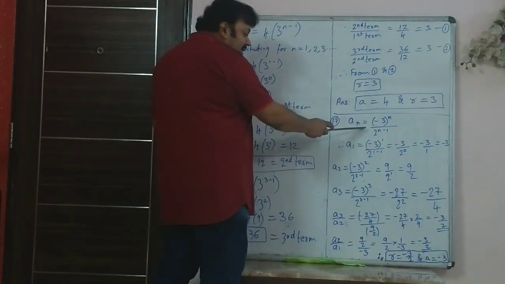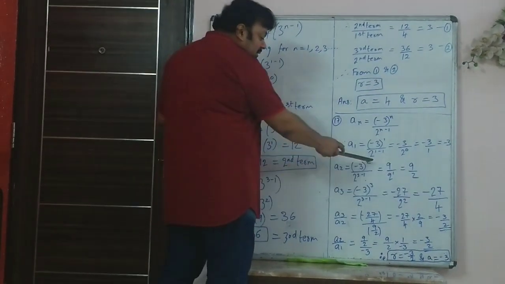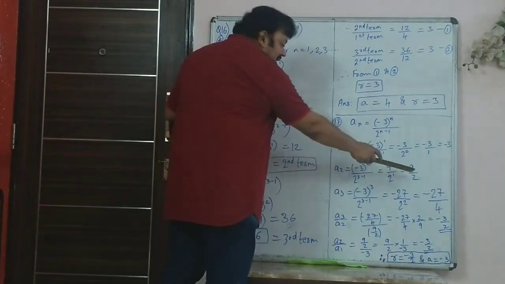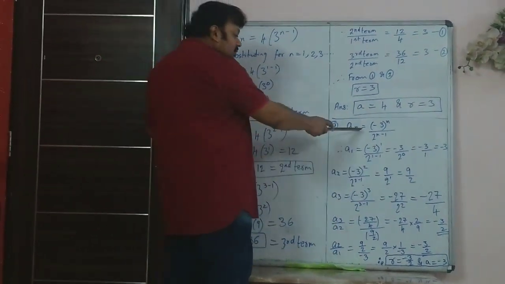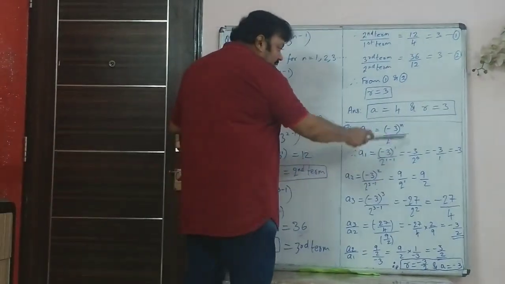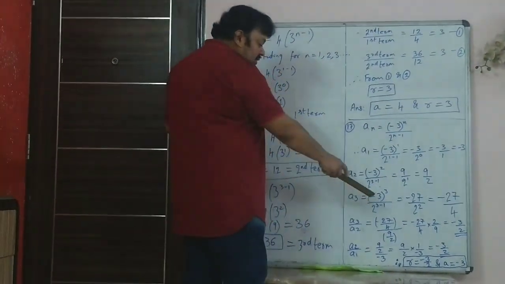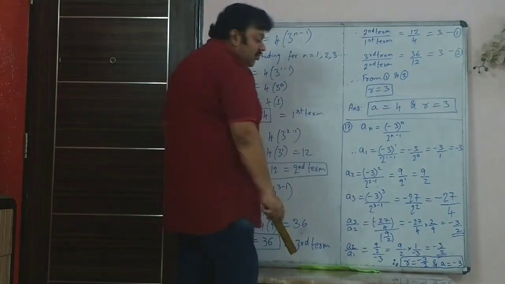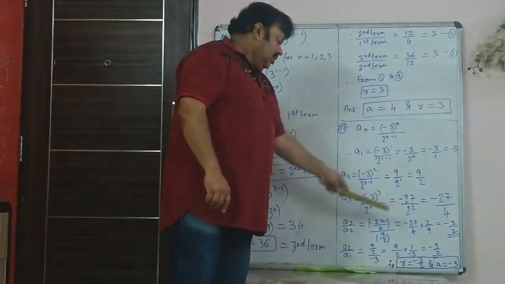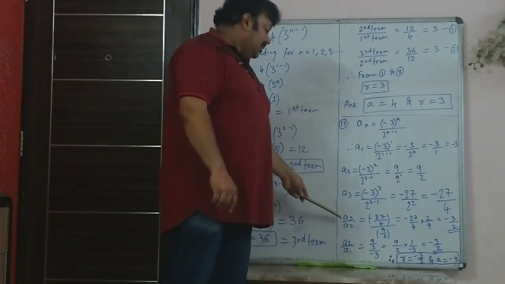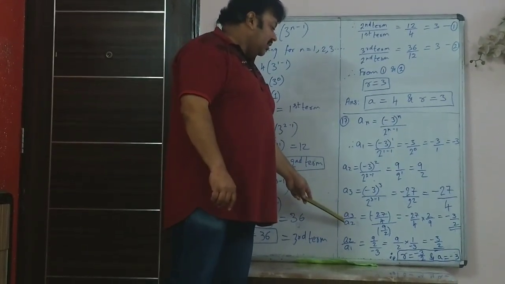With n is equal to 2, when you substitute n is equal to 2, you are getting 9 by 2. So that's the second term. With n is equal to 3, you are getting A3 is minus 27 by 4.